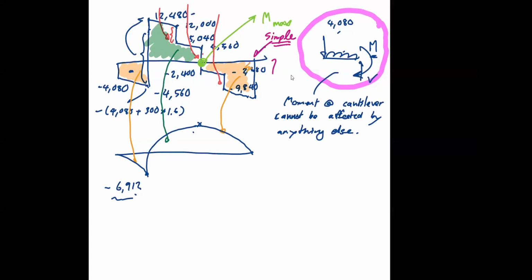So in other words, you can choose to calculate this negative area here. The number of this negative area should give you, oh, what is this? Maximum moment, right?